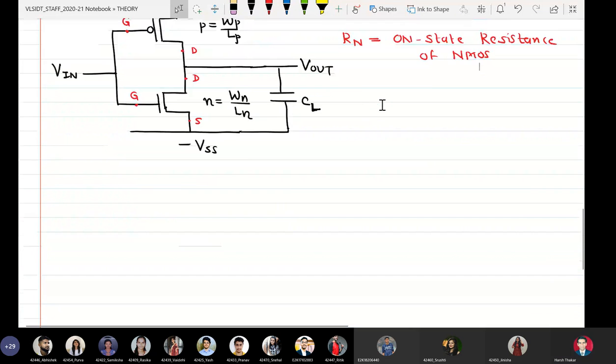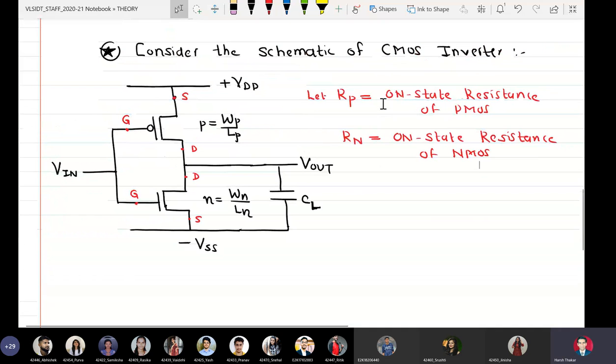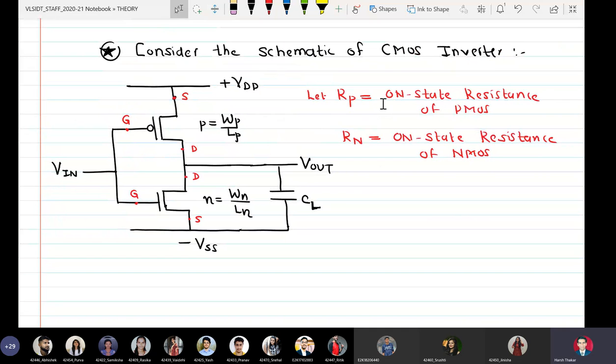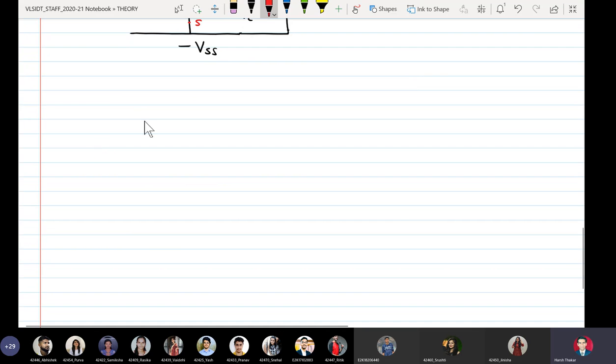That means if you want to draw the equivalent circuit of this inverter with Vin equal to 0, we have to replace the PMOS with RP, and we have to replace the NMOS with an open circuit. Similarly, when Vin is equal to 1, we have to replace the PMOS with an open circuit, and we have to replace the NMOS with RN.